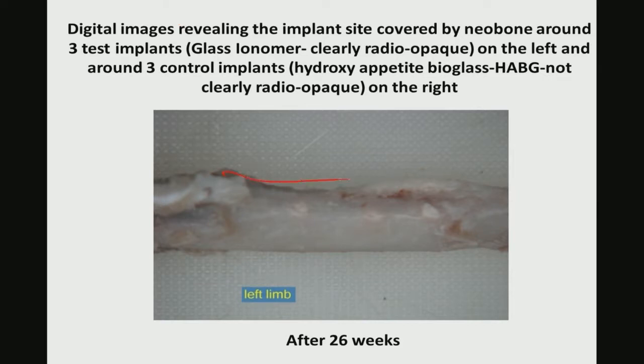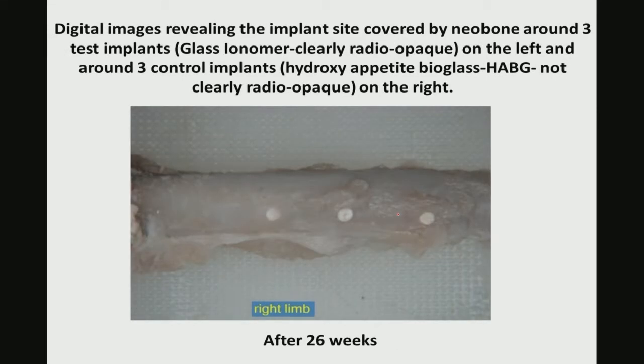This is the macroscopic image of the explant. You can see the 3 implants, not very clearly, but you can somehow identify that 3 implants are there, and around them bone has been regenerated. Without any histology section, it shows some first indication of the osseointegration of these materials.